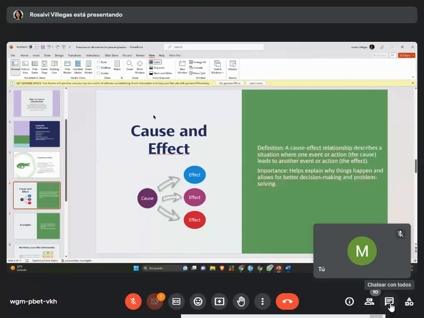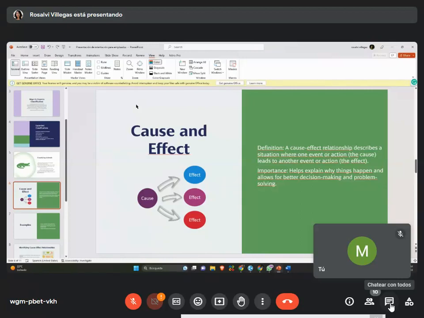Now we are going to go with cause and effect. That is also a way of putting the information together and trying to comprehend the world.